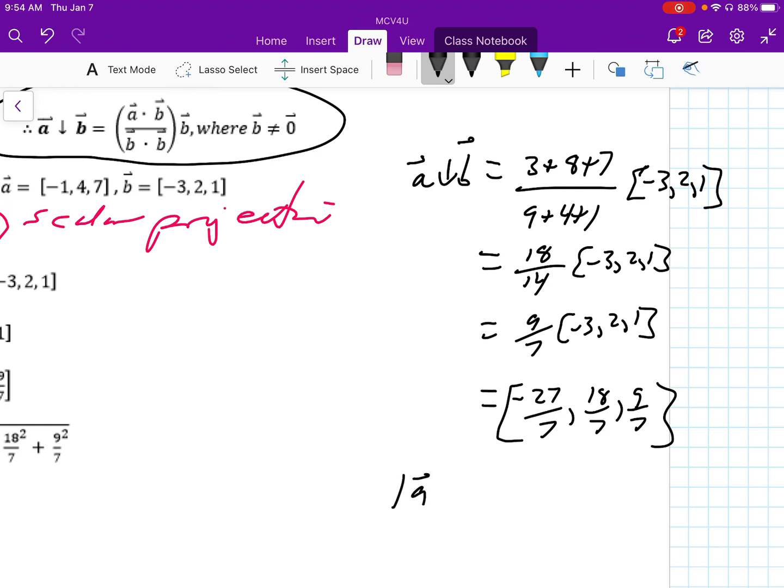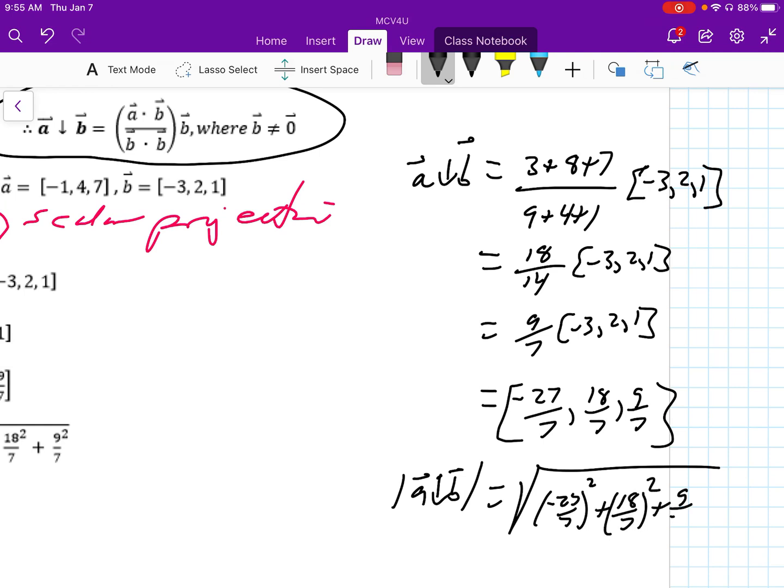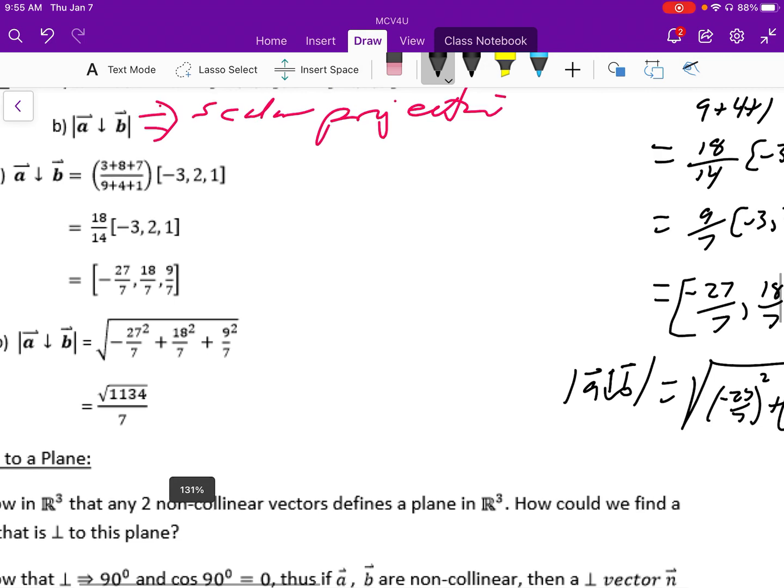Magnitude, you know how to take the magnitude, right? Take the square root of the sum of the squares of each of the components. So you could do -27, or just 27 over 7 squared, plus 18 over 7 squared, plus 9 over 7 squared. Okay, so I believe I've got the answer in here.